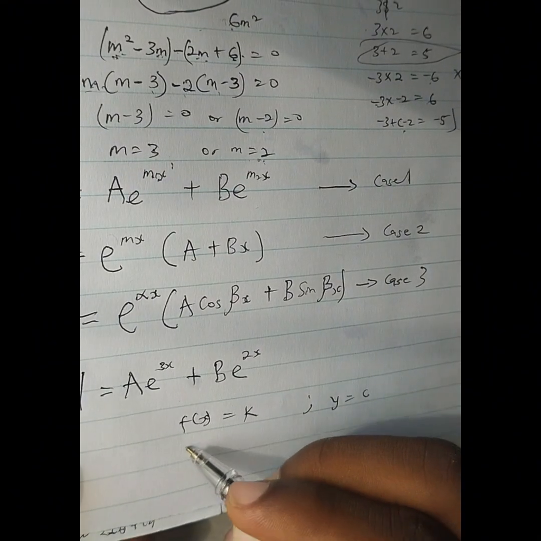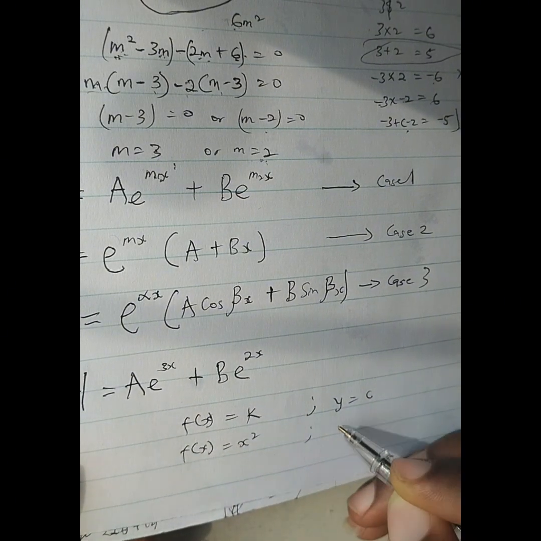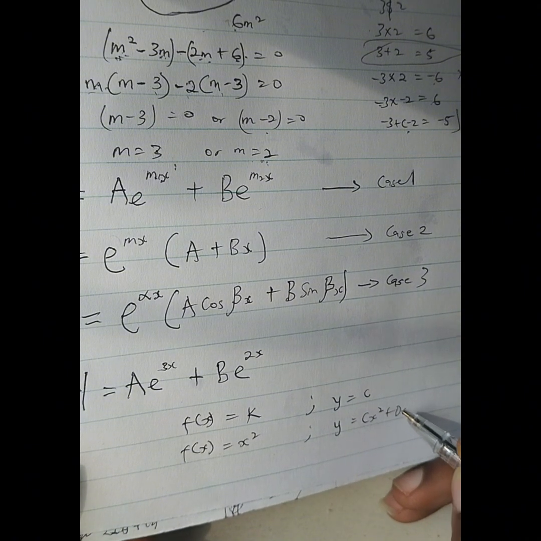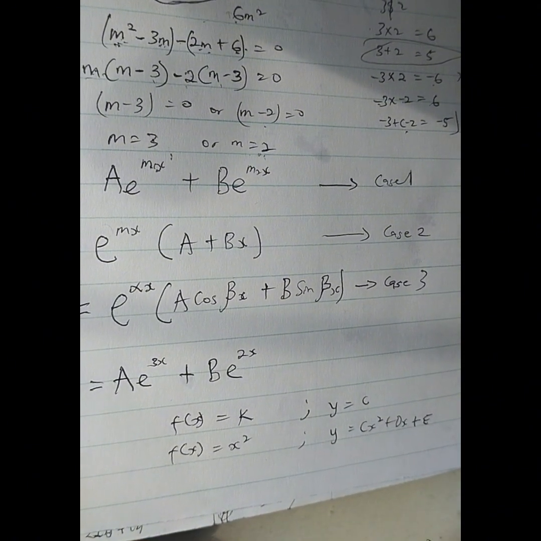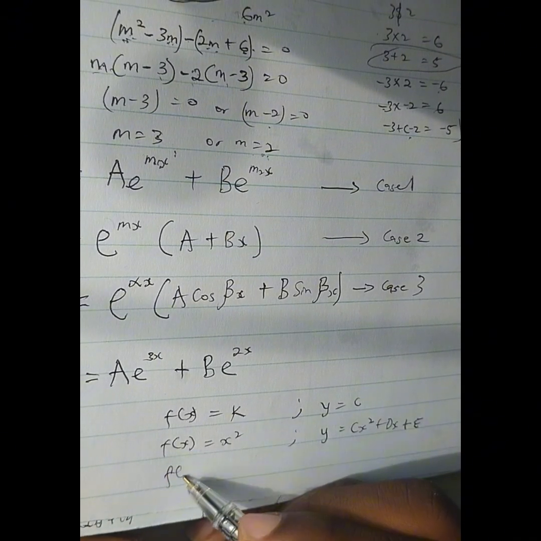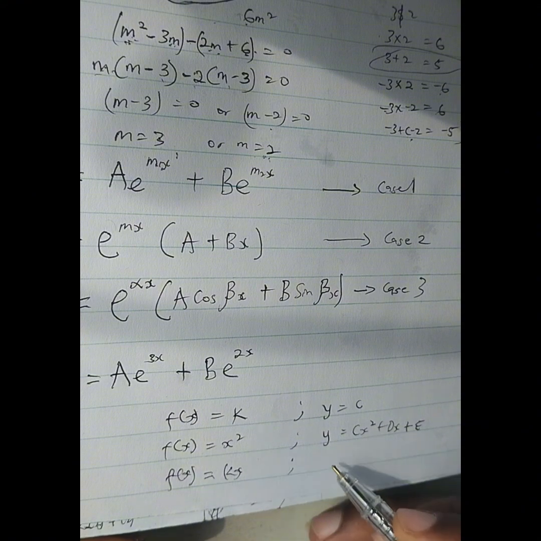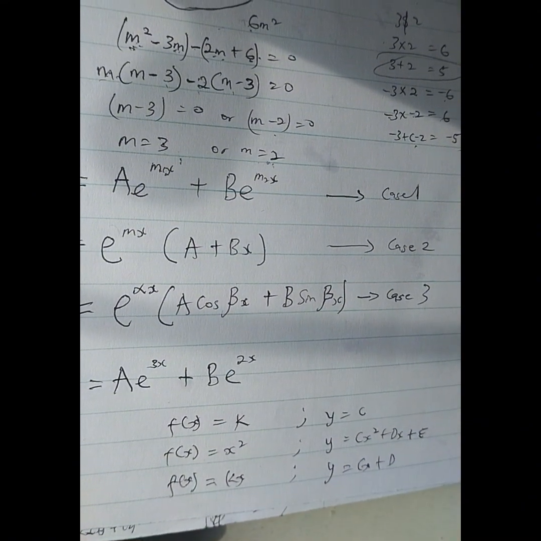The next one, function of x is equal to x squared. Your solution will now be y is equal to cx squared plus dx plus e. Take note of that. If your function of x is equal to kx, your solution will now be y is equal to cx plus d. Take note of that also.